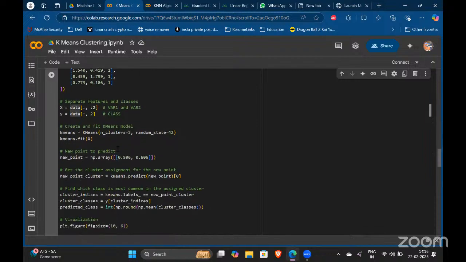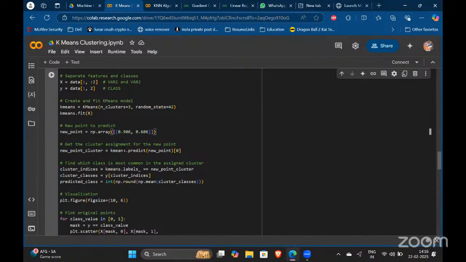Okay. Now we need to calculate the y value for the new point. So the new point is var1 equals 0.906 and var2 is 0.606. So we need to predict the y value. This is the outcome, meaning the class. So now we are trying to predict that.